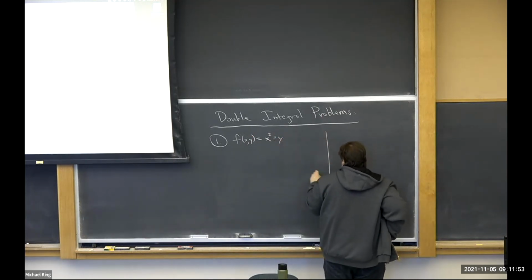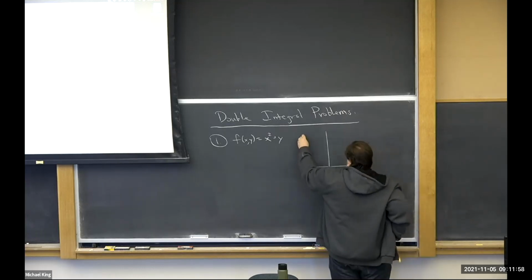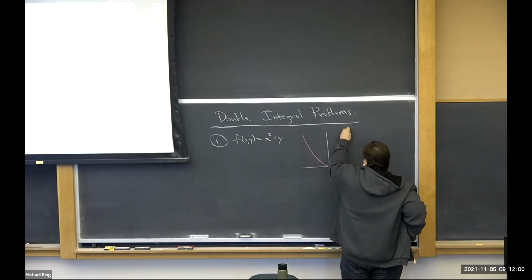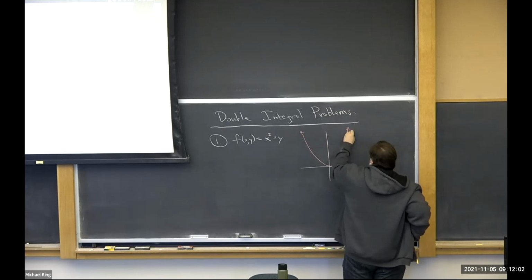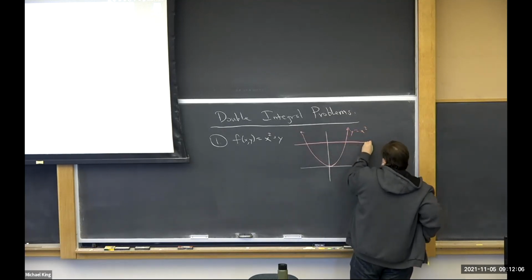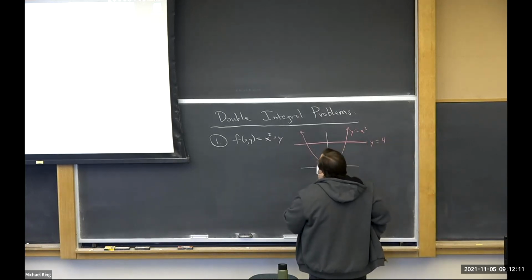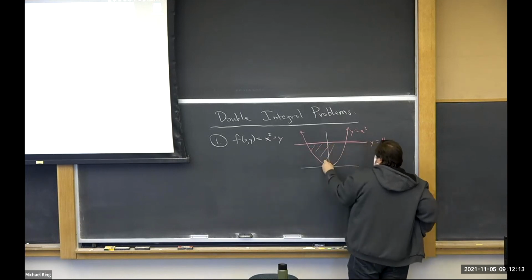The region was bounded by the parabola y equals x squared and the line y equals 4. It's 4, right? Yeah, so this is the region.